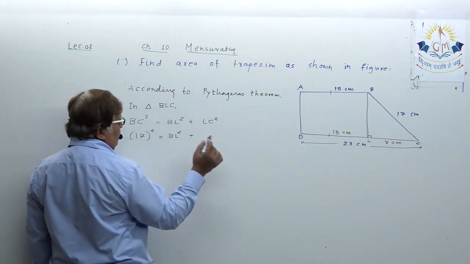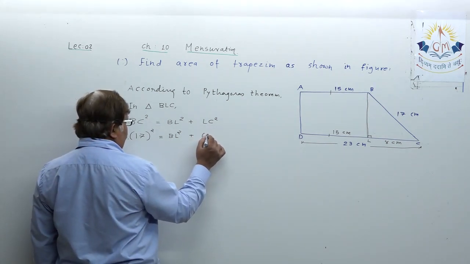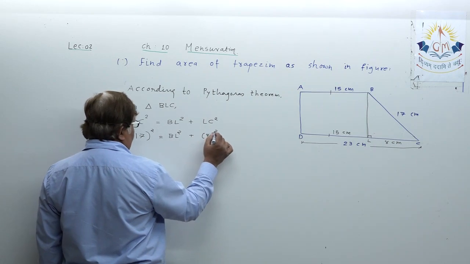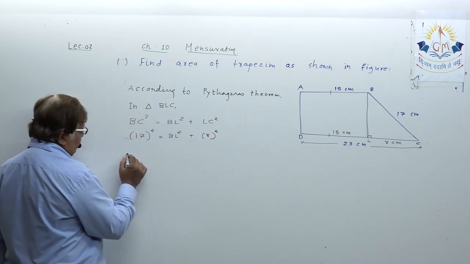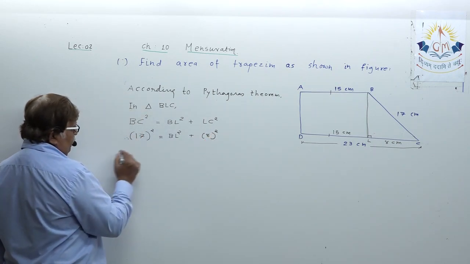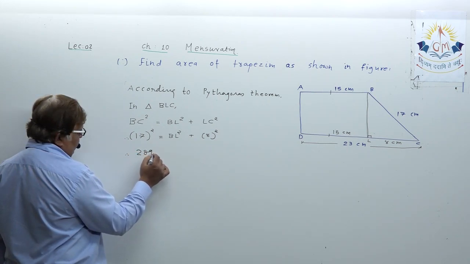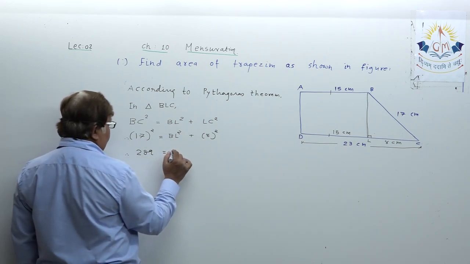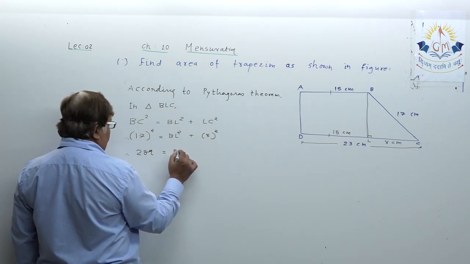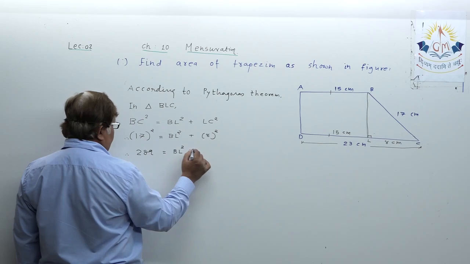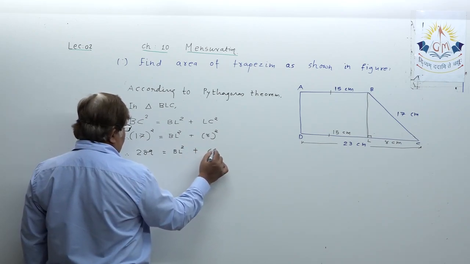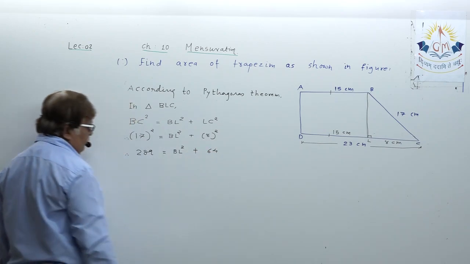Square of 17 is 289, equal to BL square plus 64.